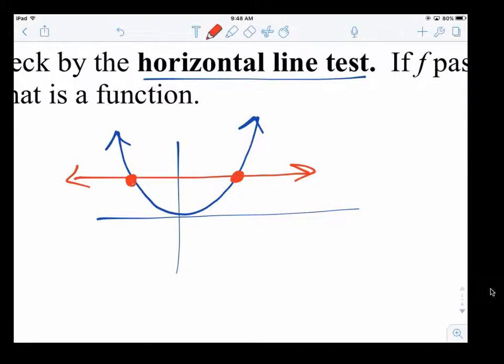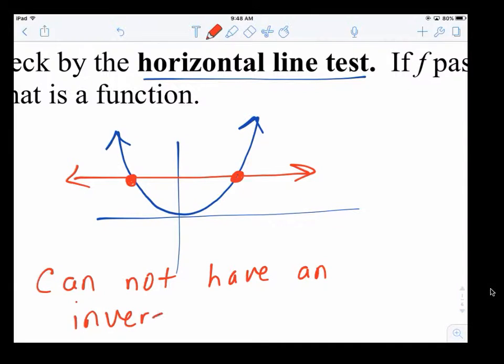So you have the same y value going to multiple x values. So this function would not have an inverse because it doesn't pass the horizontal line test.